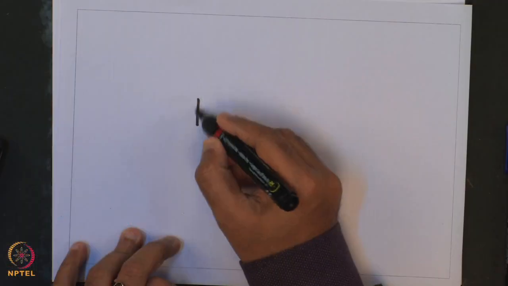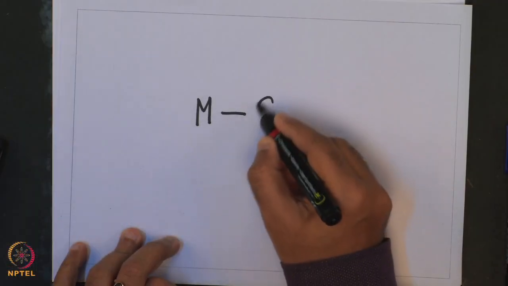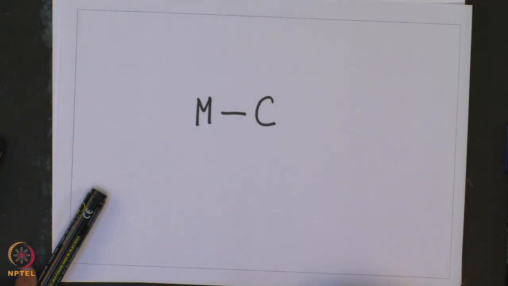Now, in our last few lectures, looking at the valence electron rule, its deviations as well as the classifications, we had focused on the metal center of the metal carbon bond.